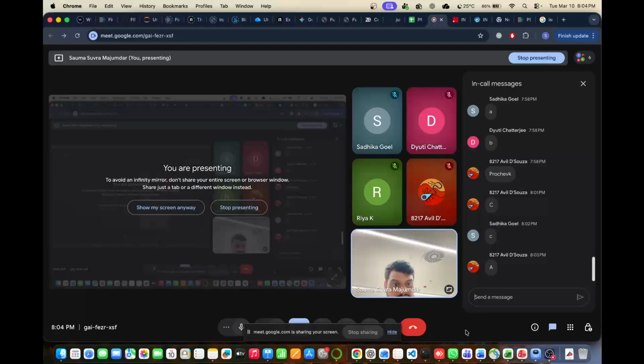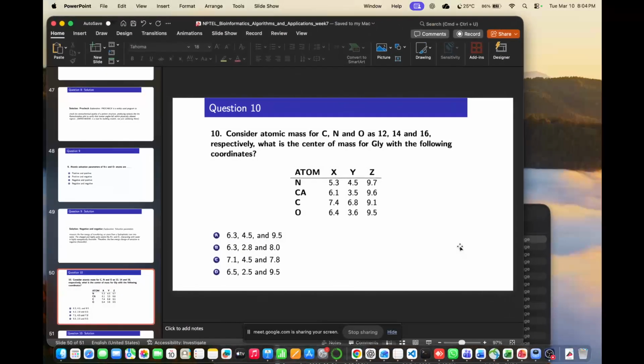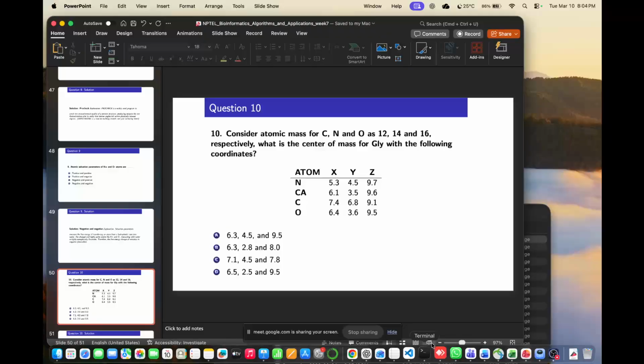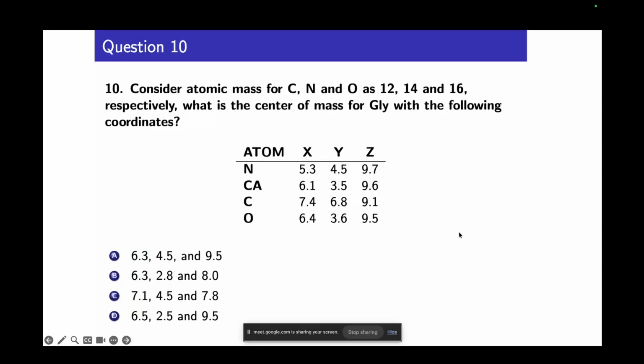Okay, let's see. Yeah, here you just have to, for nitrogen, it would be 12 times this plus this, divided by, yeah.